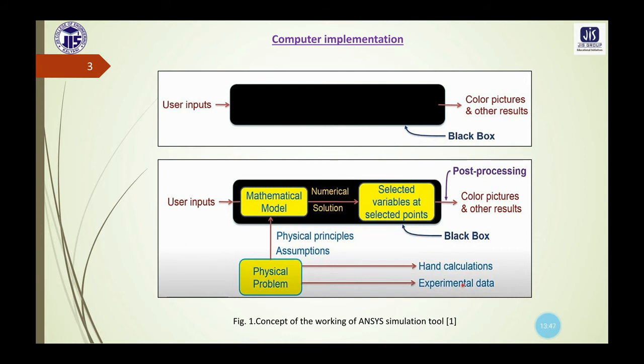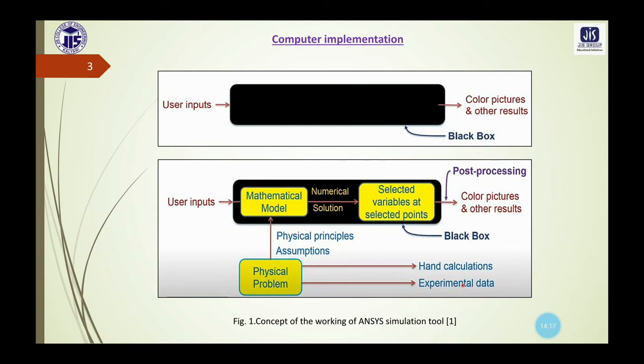So we have seen that the discretization means we need to subdivide the total structure into several number of finite elements, and ultimately the numerical solution is done for each and every element, and finally the result is assembled.